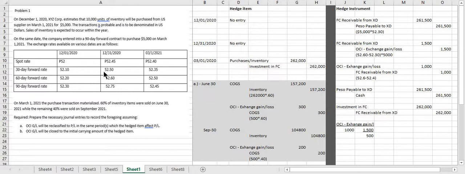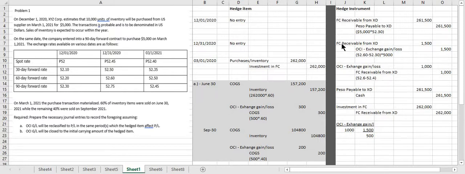Now, yung forward rate natin is from 52.30 naging 52.60. So, in this case, this is favorable to the entity, no? Kasi nga, yung receivable niya, in terms of foreign currency, the value of which in Philippine peso also increases from 52.30 naging 52.60. So, nag-increase siya by 0.30 per foreign currency unit.